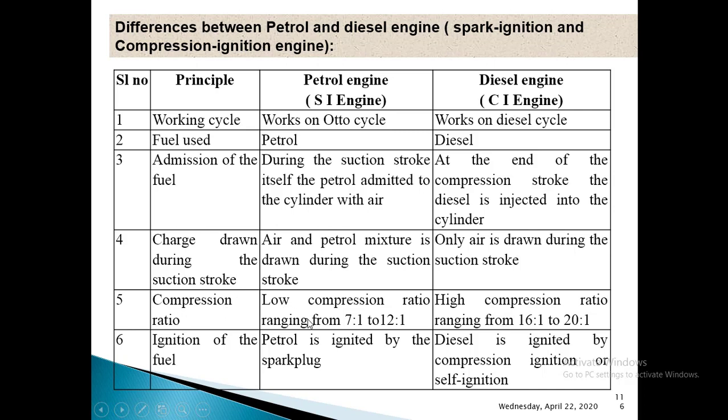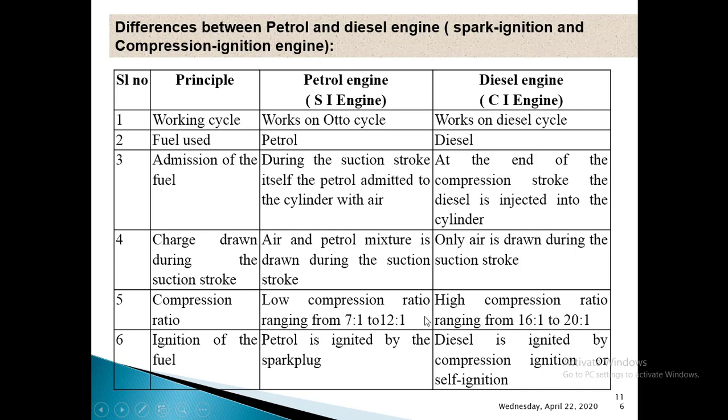For petrol engines or SI engines, it is a low compression ratio ranging from 7:1 to 12:1. This is very important. Remember these values. Compression ratio of a petrol engine varies from 7:1 to 12:1, whereas compression ratio of a diesel engine varies from 16:1 to 20:1. That means the compression ratio of a diesel engine is high compared to a petrol engine.